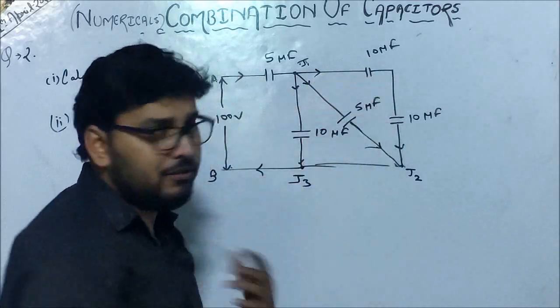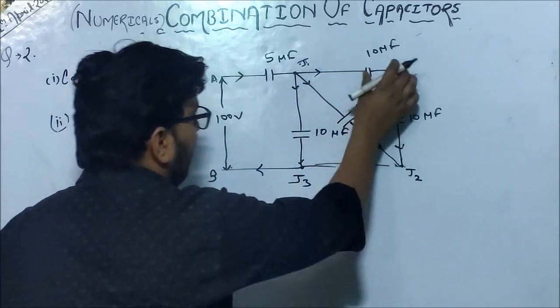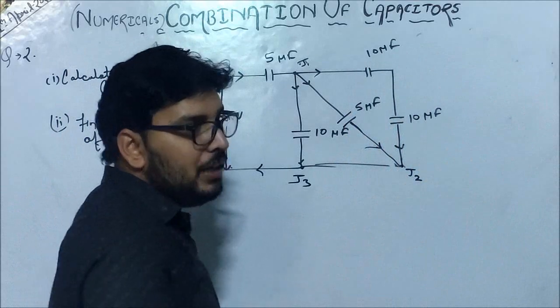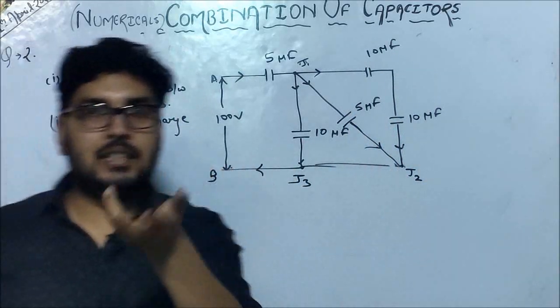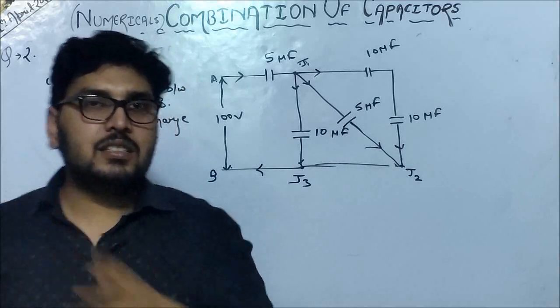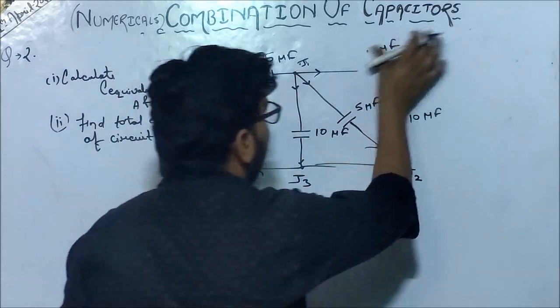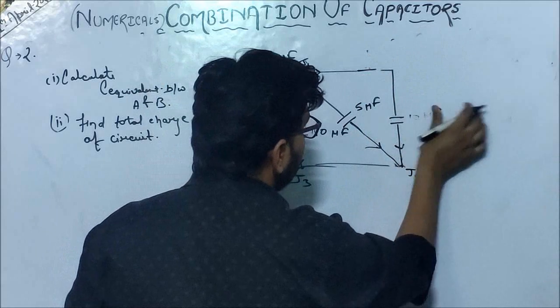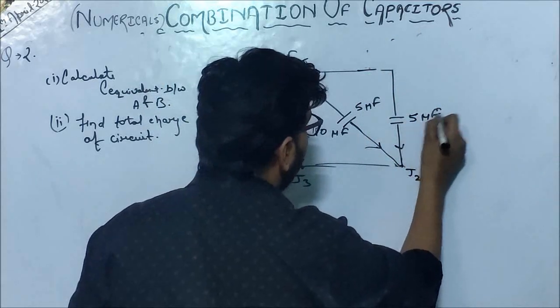So these capacitors will be in series combination. In the series combination, it is 1 by 10 plus 1 by 10, that is 5 microfarad. It will be the answer. So it will be 5 microfarad.